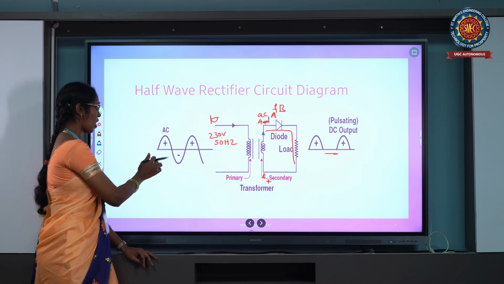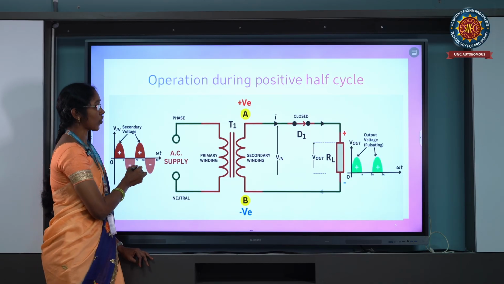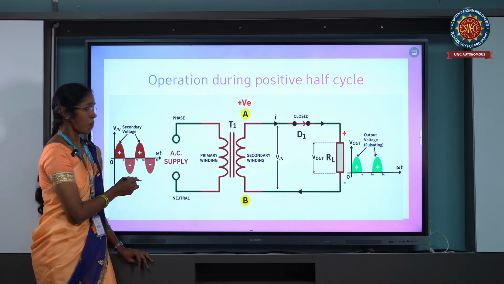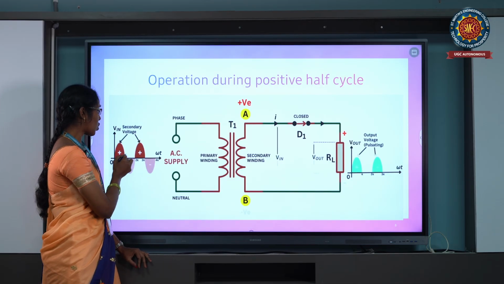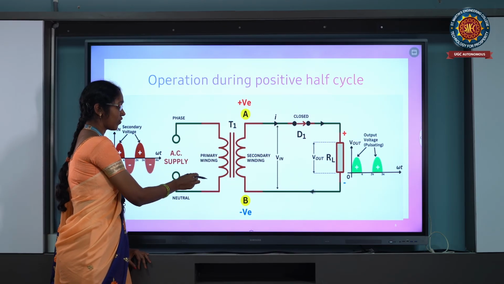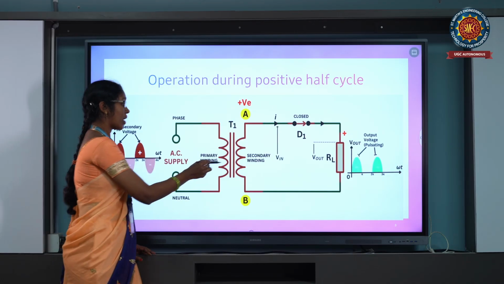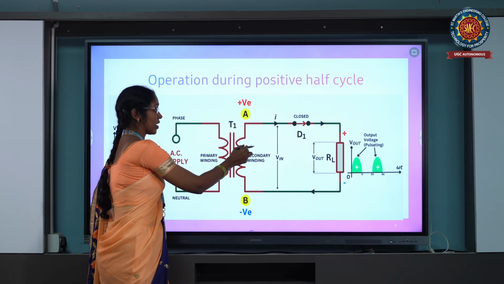Coming to the operation of the half wave rectifier during the positive half cycle. Here we are applying a positive voltage of the AC sinusoidal signal to the primary winding of the transformer. At the secondary winding, we are getting an AC voltage.